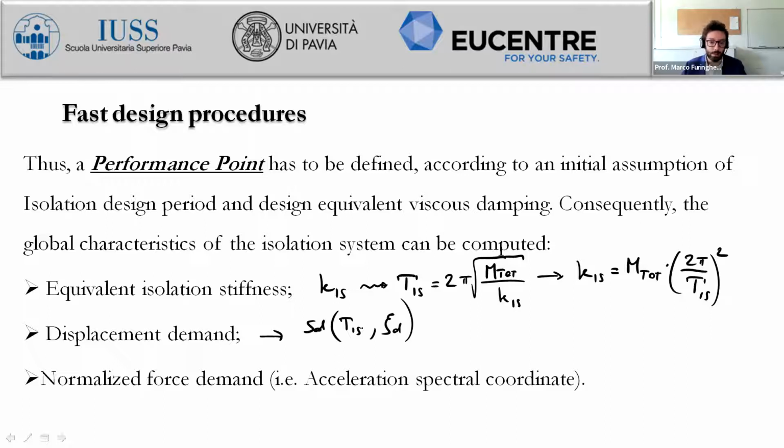This is the displacement part, so the displacement demand, and then we have also the normalized force response, which is the normalized force demand, which is the spectral acceleration coordinate. So this means that we have SA of the isolation and design equivalent viscous damping. Okay, so these are the main, let's say global, characteristics of the isolation system.